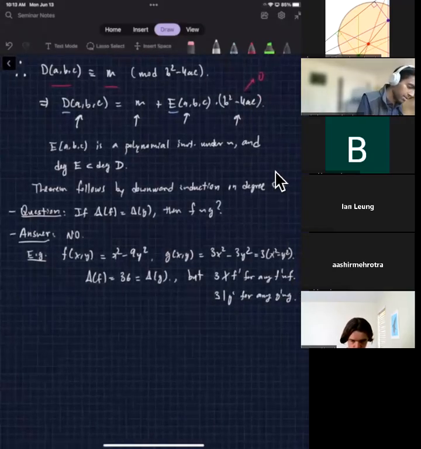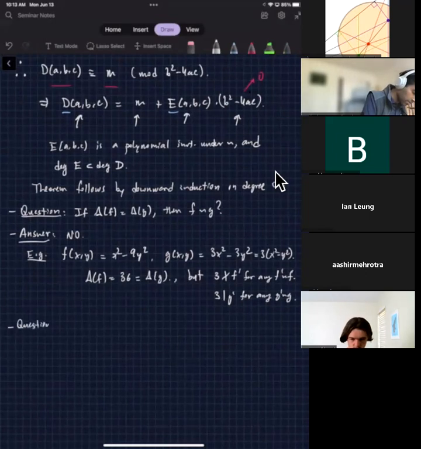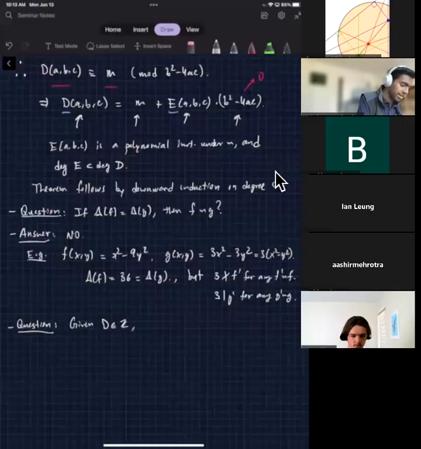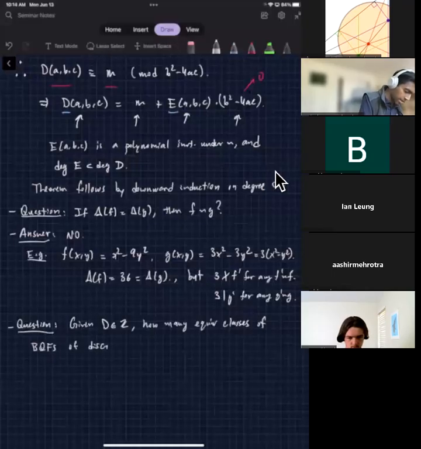So forms of the same discriminant are not necessarily equivalent, which raises the question of: given a discriminant, an integer D, how many equivalence classes of BQFs are there of discriminant D?